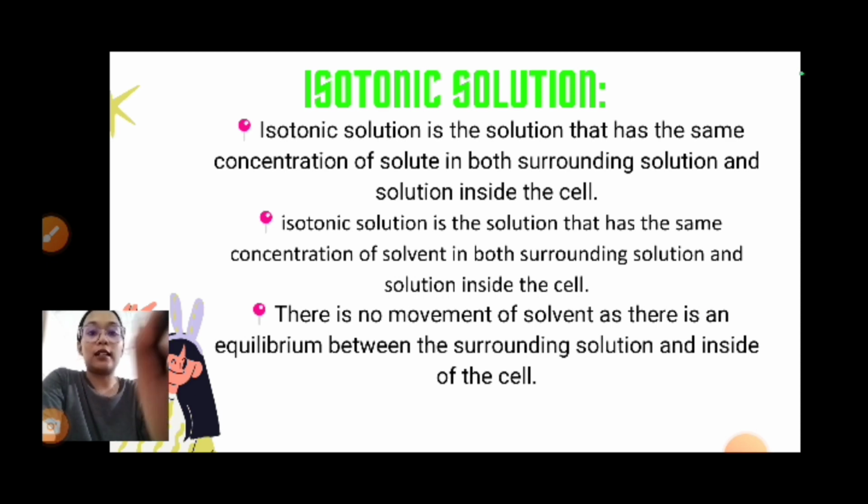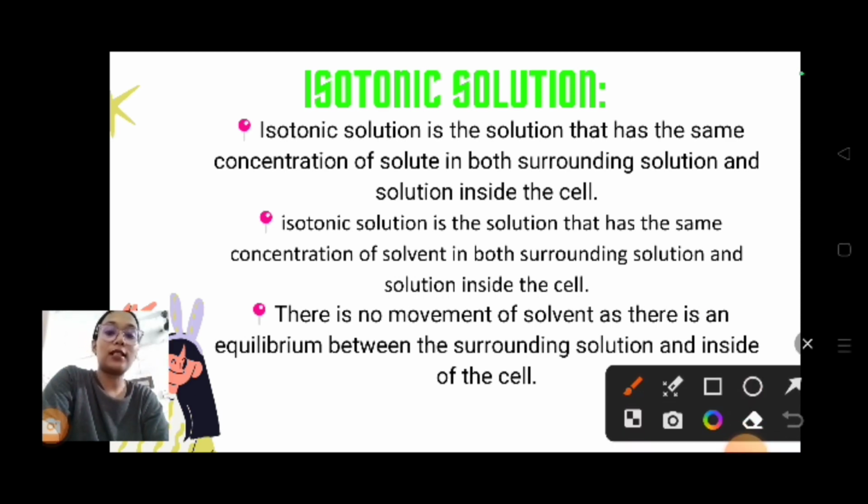All right, so moving on to the last solution. Here, both the solution and the cell will attain equilibrium. Both will have the same concentration of solute and solvent. In case of isotonic solution, the solution has the same concentration of solute in both the surrounding solution and inside the cell.